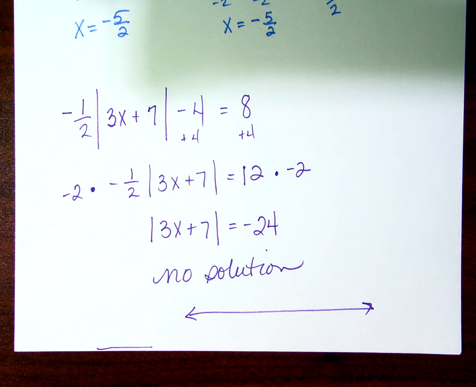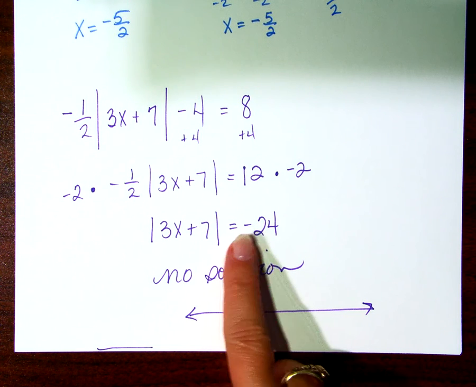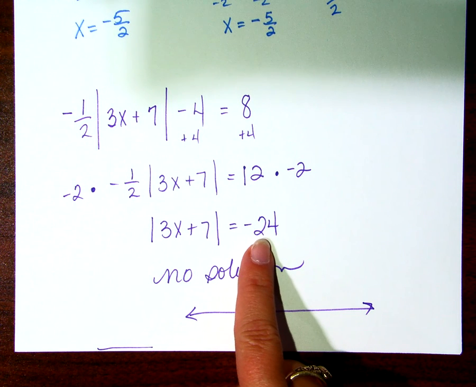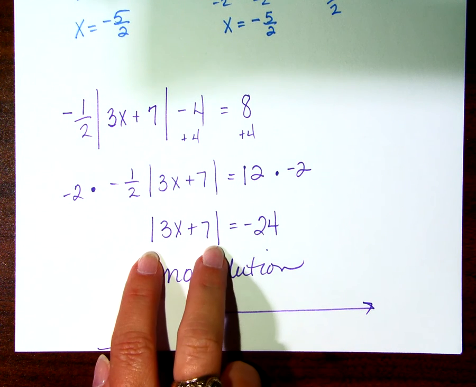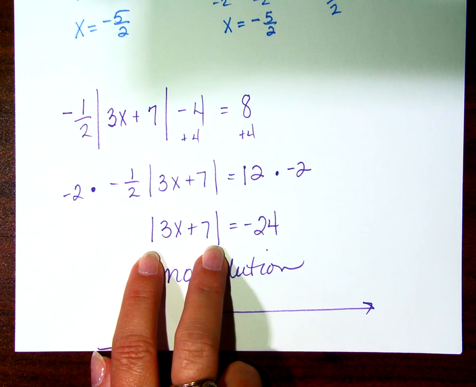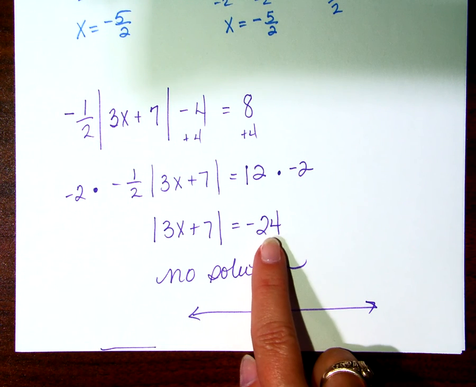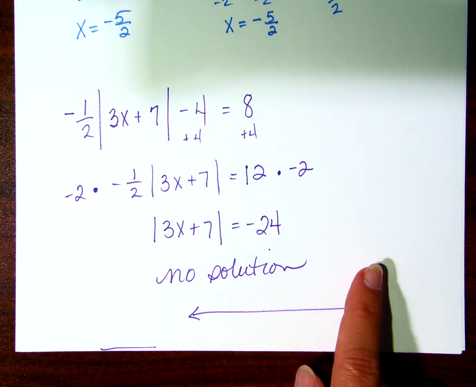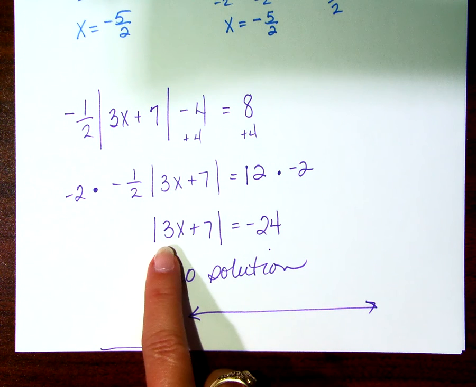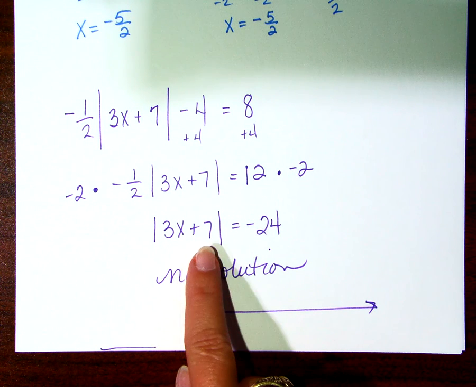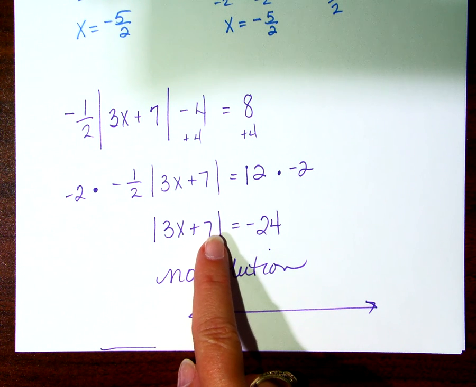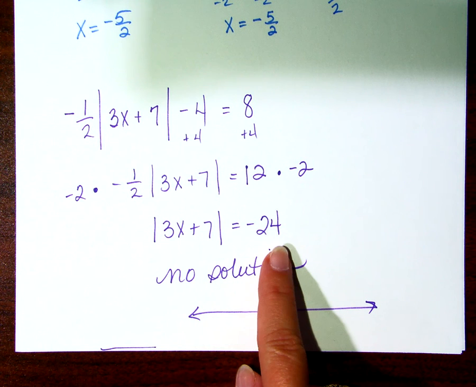Is it always going to be no solution when it equals a negative? That is a very good question. If the absolute value is isolated, okay? Don't automatically look over here and see a negative and write no solution, because it might say absolute value of 3x plus 7 minus 30 equals negative 24.